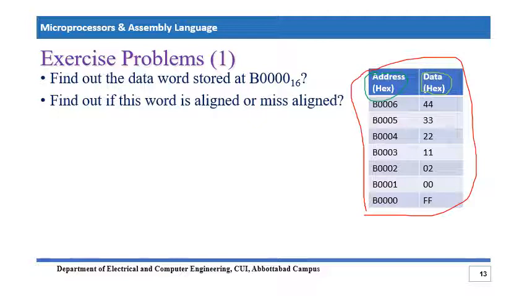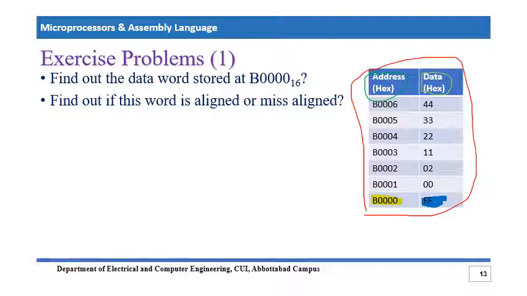So the question is, find out the data word which is stored at B000 hex. First of all, we have to find this location, and that's here, B000 hex. And what is the value of this location? The value is 55 FF hex.